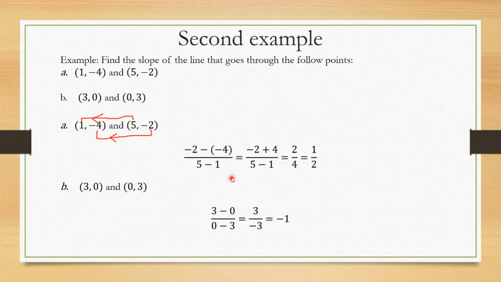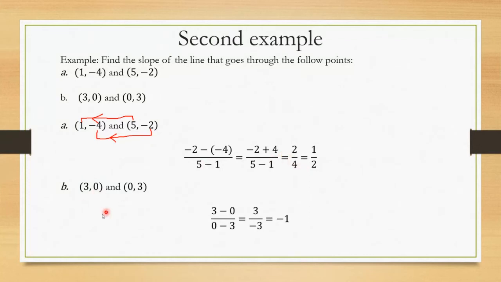So what do we get here? We get -2 plus 4 divided by 5 minus 1. And of course, doing so, we get 2 over 4, which is a half.